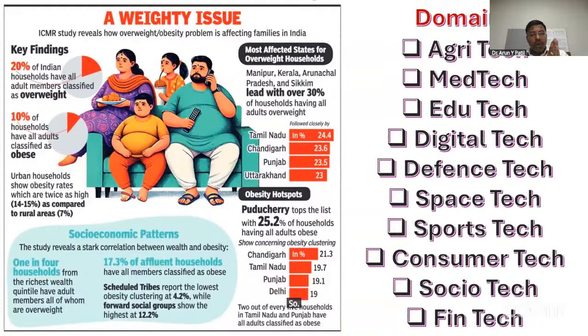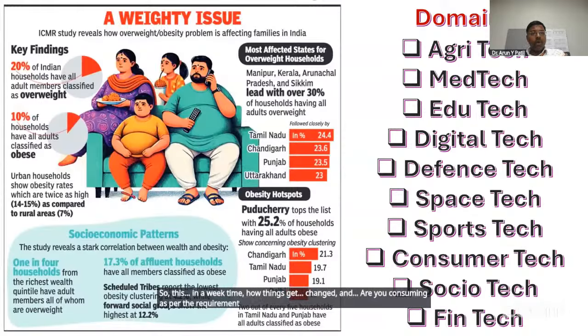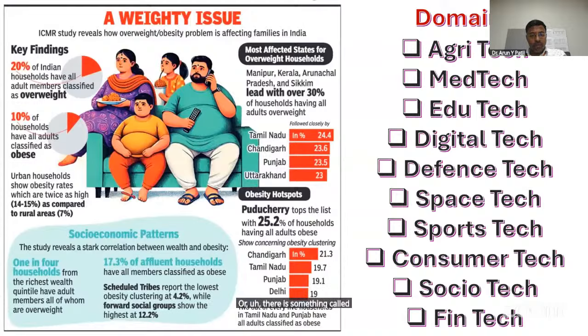In a week's time, how do things change, and are you consuming as per the requirement of your health? There is something called doshas. In Ayurveda we call them Vata, Pitta, Kapha Prakritis. You have to balance your Prakriti. This is purely based on our Prakriti.